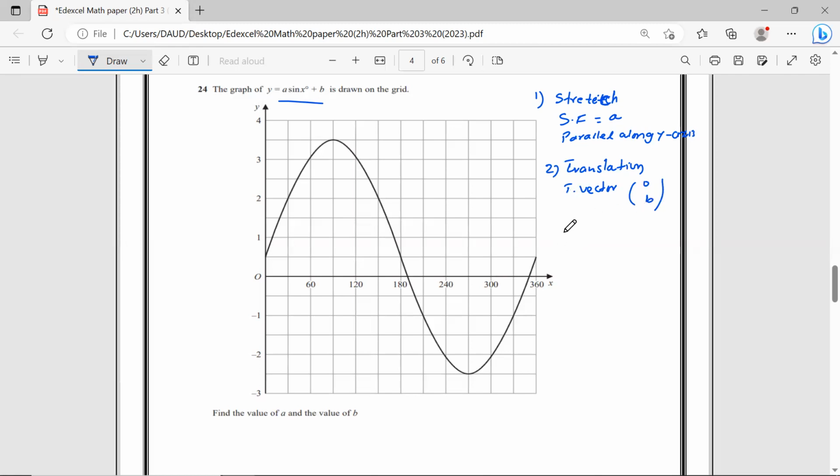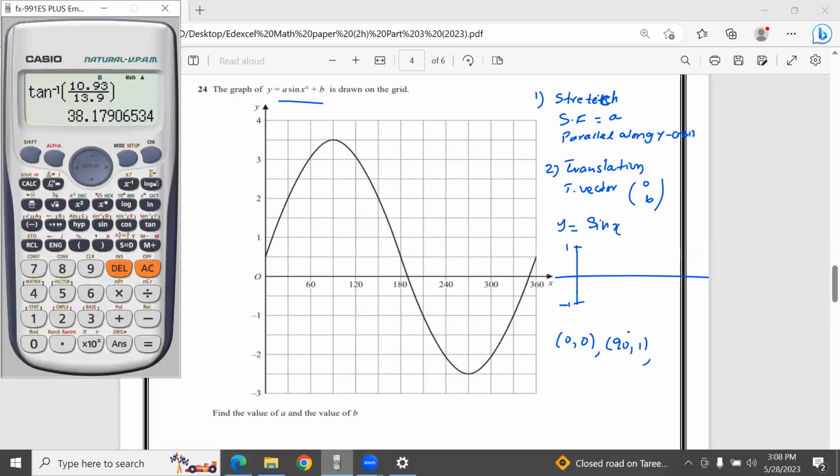And remember that if you have simple y is equal to sine of x, that means the maximum and minimum value or amplitude of sine of x are 1 and -1. So sine 0 gives 0. Sine 90 degree is 1, you can check in calculator also.